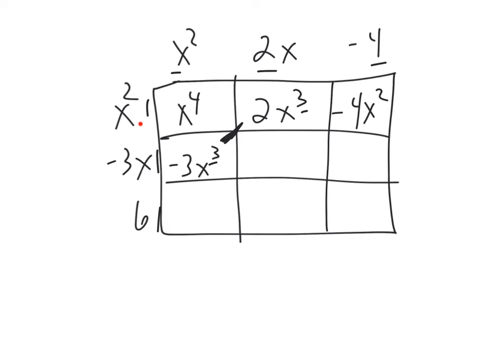So my middle box, then it's going to be this guy times this guy, which is going to be negative 6x squared. Notice these two are like terms. I would bet this one's going to be in the same boat, isn't it? Okay. And then I'm going to get rid of these things on the side here because I don't want them to confuse you.